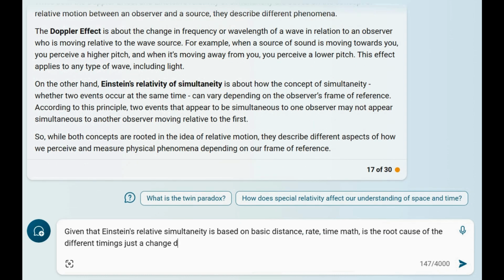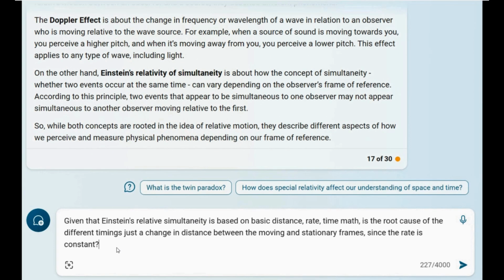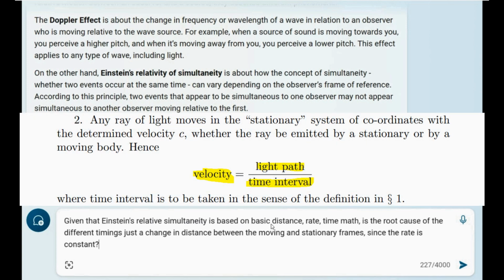So let's try a different question. Now, Einstein's relative simultaneity, or the conclusion of section 2, is based just on this basic distance, rate, and time math. It's very basic. But we know the rate, or the speeds, are the same.